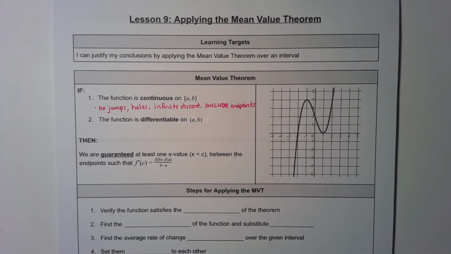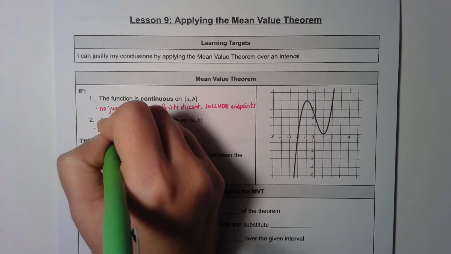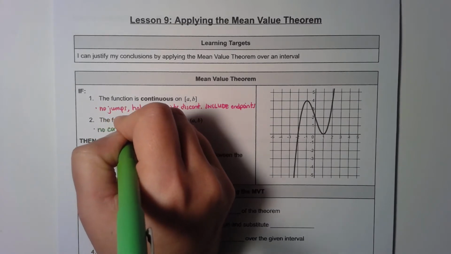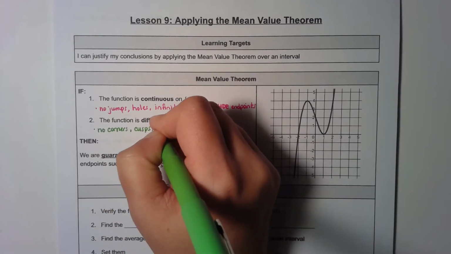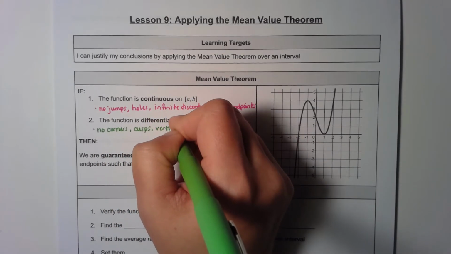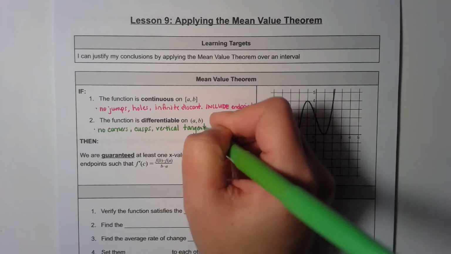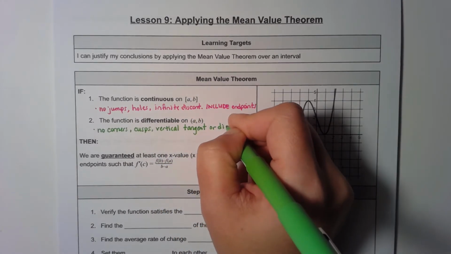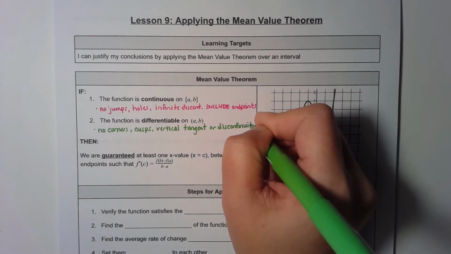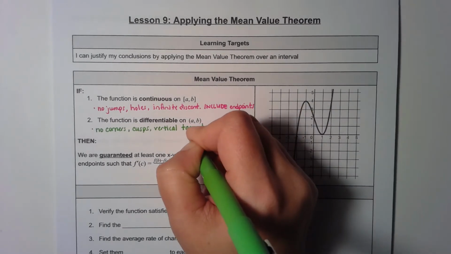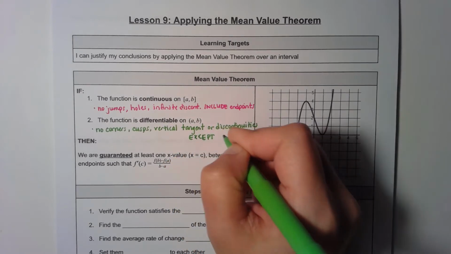We also need to have a function that is differentiable. So that means that there's no corners, cusps, vertical tangent lines, or discontinuities, except possibly at the endpoints you could have like a corner or something, because we're not going to go beyond that.